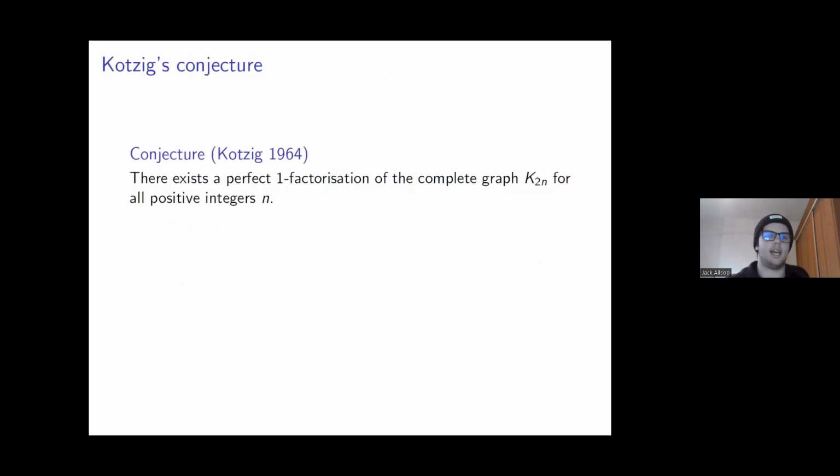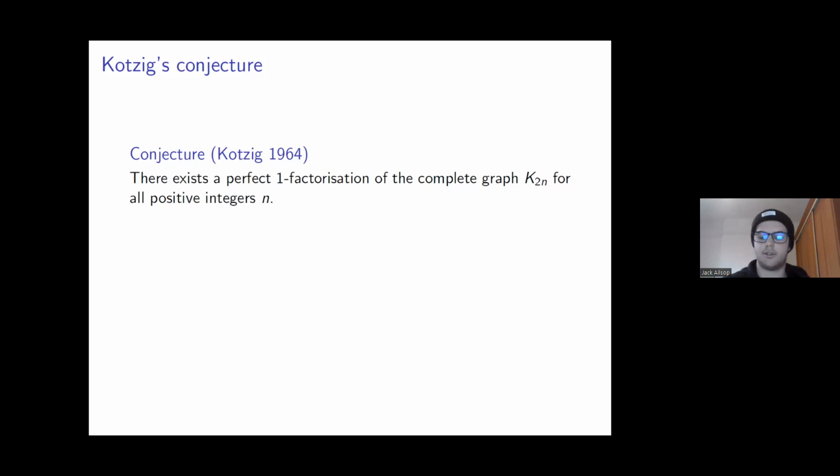And another reason to care is because of its relationship to Kotzig's conjecture. In 1964, Kotzig conjectured that there exists a perfect one factorization of the complete graph K_2n for all positive integers n. And this is a fairly well-known conjecture.